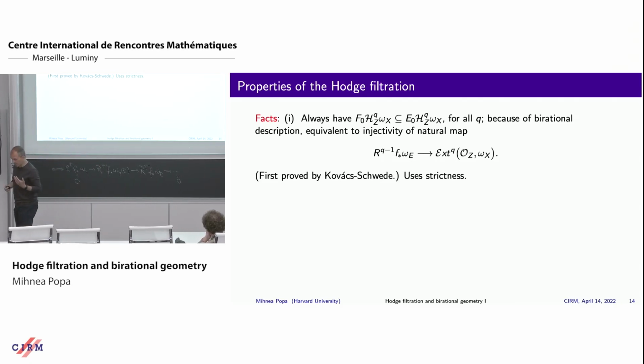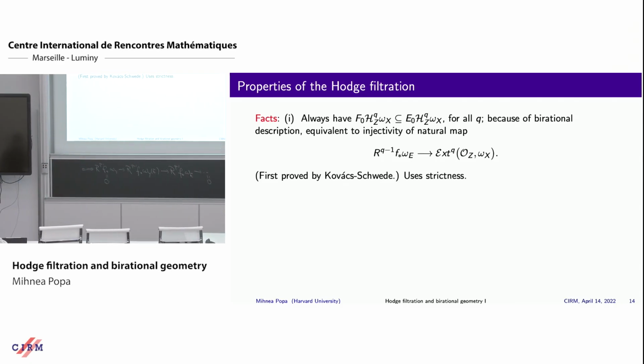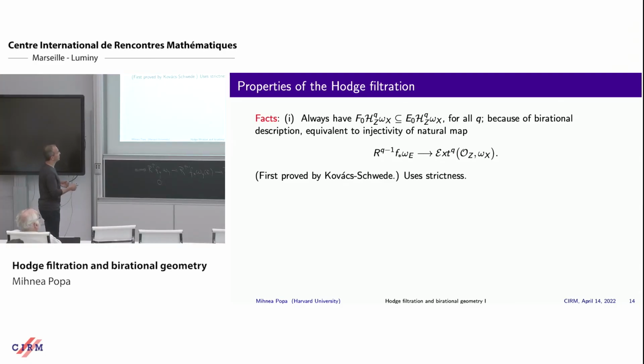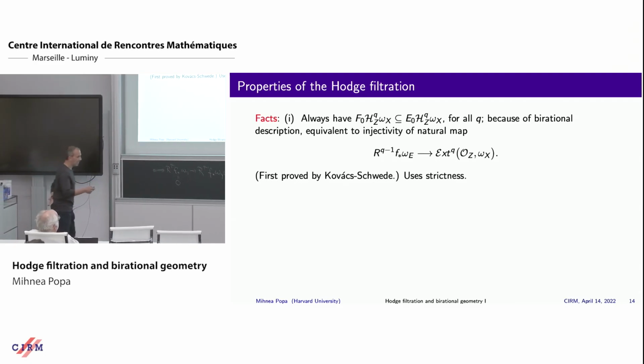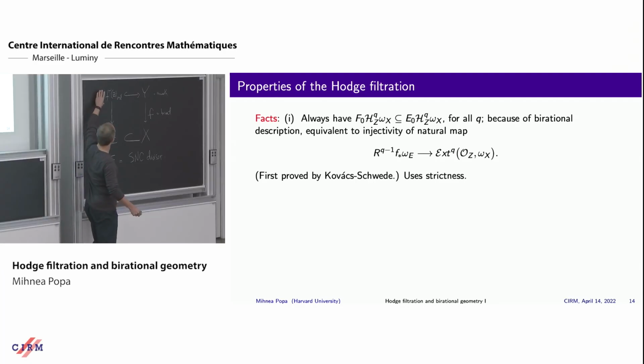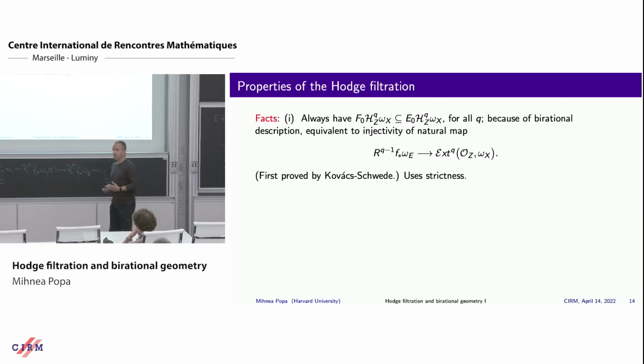And these are actually the cohomologies of what's called the dualizing complex of Z. These are the Ext sheaves that measure the depth of O_Z, and they're the entries in the dualizing complex. So you can imagine that this is a very natural map. It's the map that compares the push forward of the dualizing complex, in fact sheaf here, of E, with the dualizing complex of Z. And that turns out to be injective.